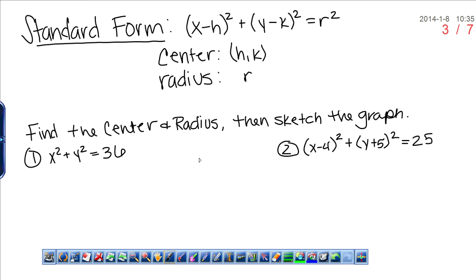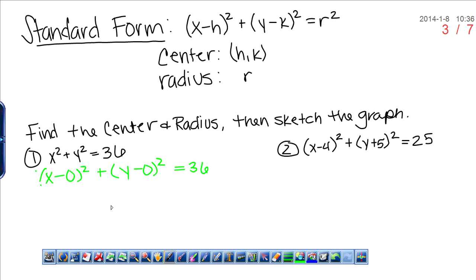So for these two examples, we're going to find the center and the radius and then kind of sketch our graph. Okay? So look at number 1. We have x squared plus y squared equals 36. What do you think the center is going to be? Almost. But it's an ordered pair. It's going to be (0, 0). Because wouldn't you agree that this is the same as (x minus 0) squared plus (y minus 0) squared?